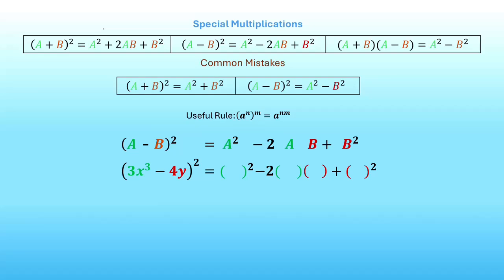So once again, I am using green parentheses for a and red parentheses for b. Therefore, in the green parentheses, we substitute 3x cubed, which stands for a. And for b, we're going to put 4y. That goes inside the red parentheses.